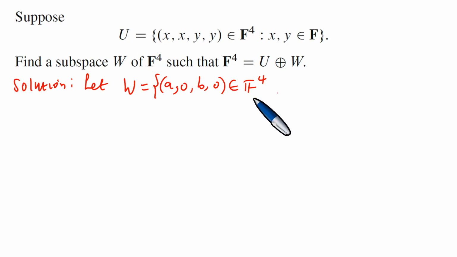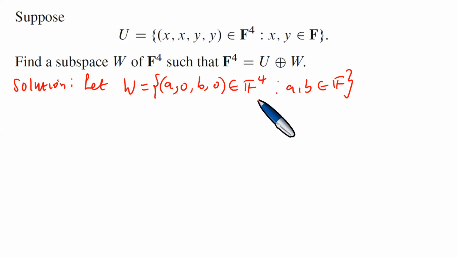And now A and B are field elements, like so. This is the kind of thing we have.